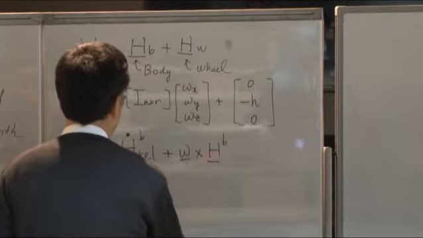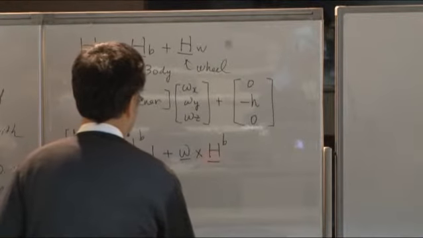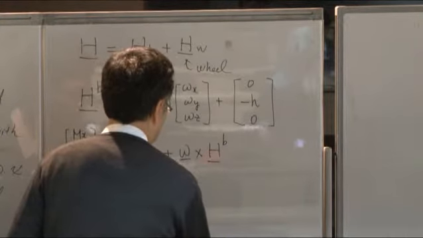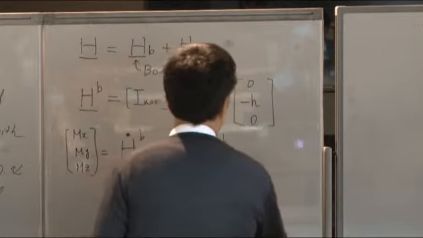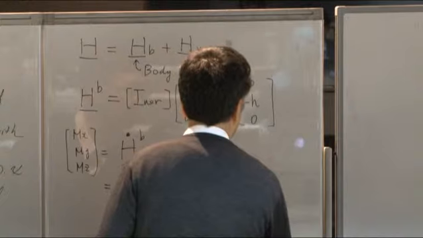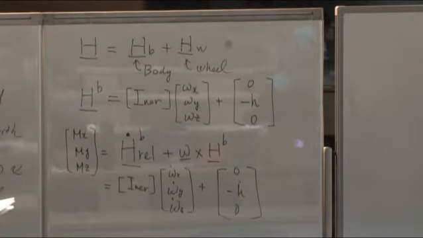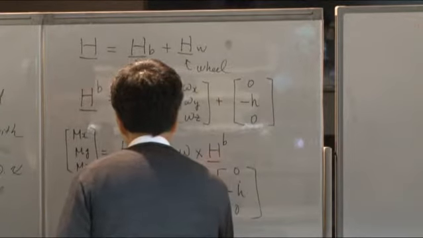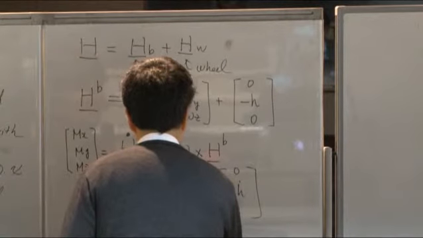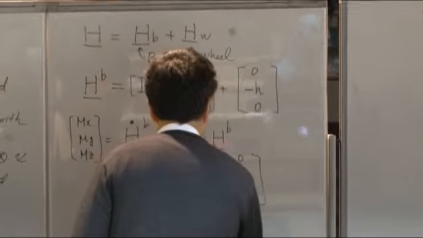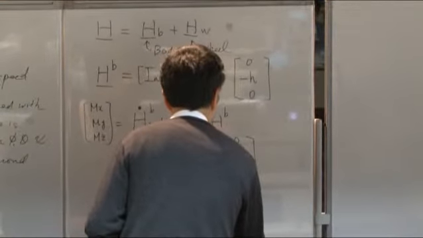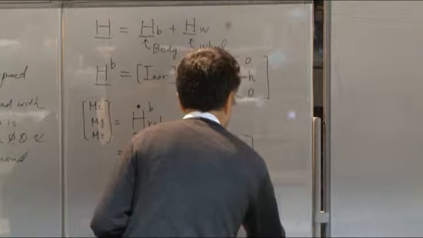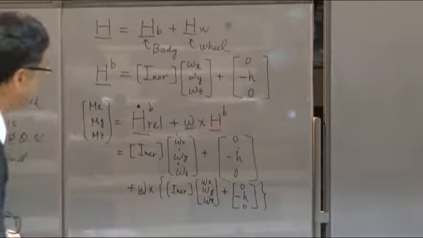So it can be written as the inertia tensor times omega x dot, omega y dot, omega z dot, plus 0 minus h dot 0, plus omega cross the inertia times omega x, omega y, omega z plus 0 minus h0. So this is the equation.